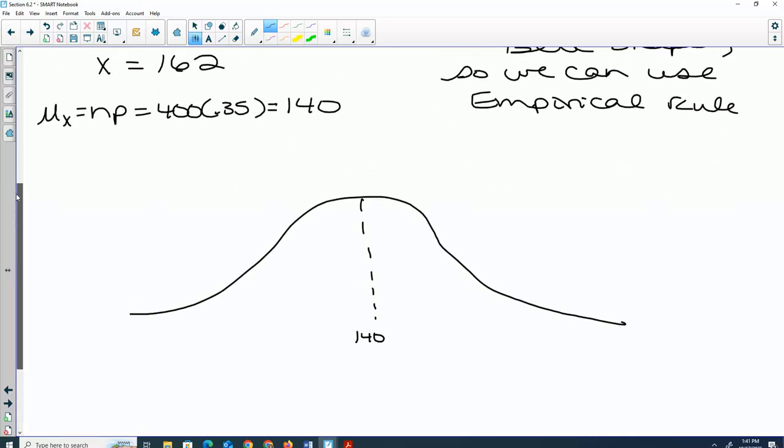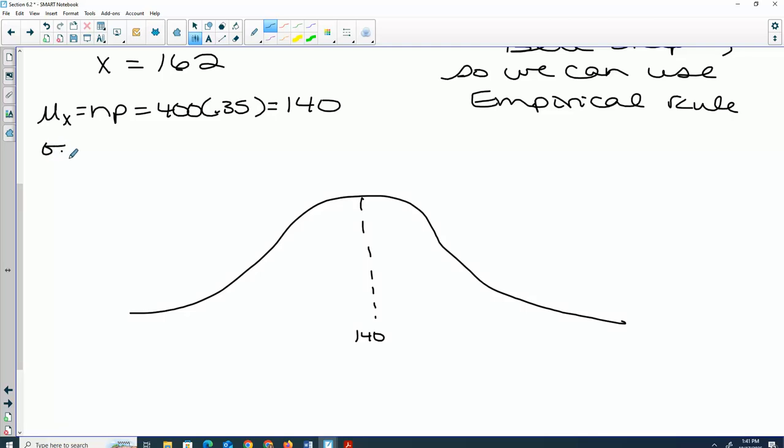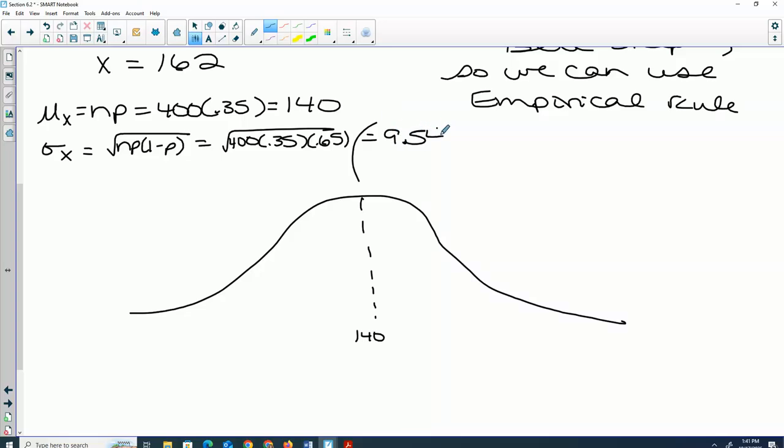If I'm going to measure standard deviations, we need our standard deviation. Remember, that was the square root of N times P times 1 minus P. Square root of 400 times 0.35 times 0.65 would be 9 point, we just make life easy and go to 2 decimal places, 9.54.